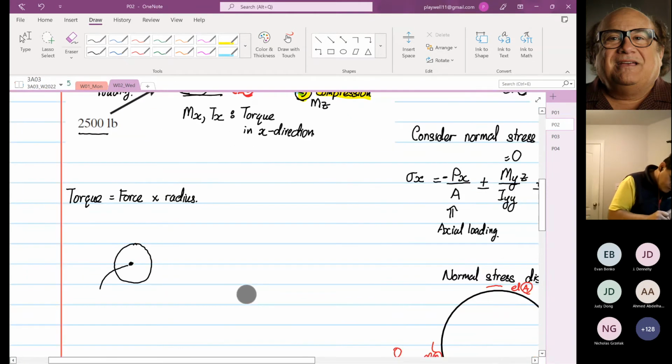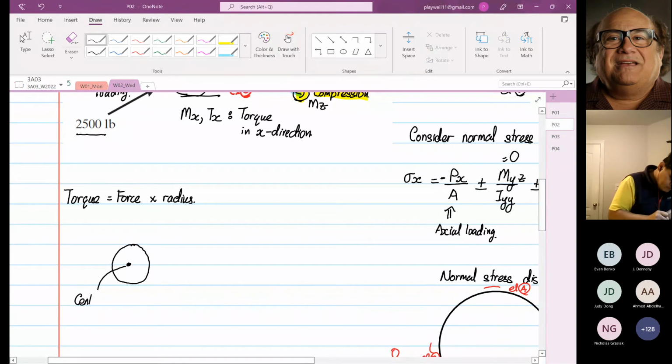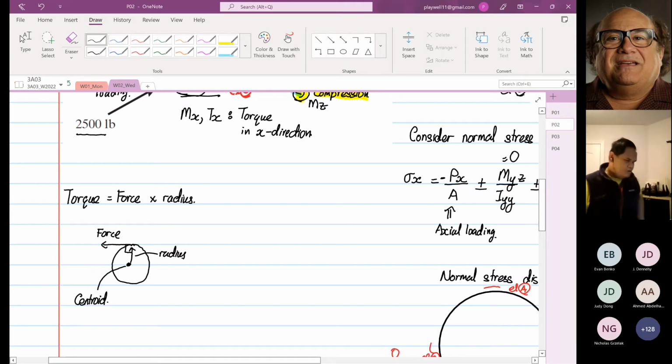Okay, so this is our centroid. Then if we have a force, and this will be our radius, and this is also 90 degrees. So that's how we calculate torque.